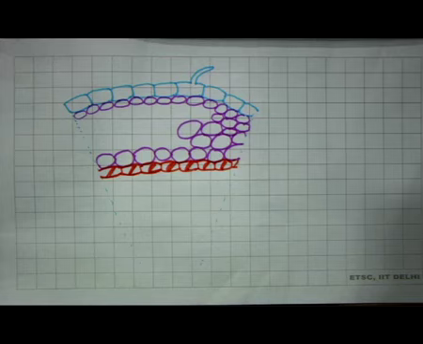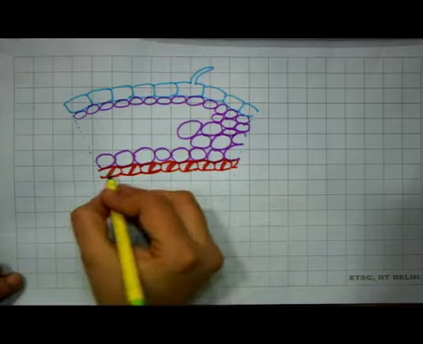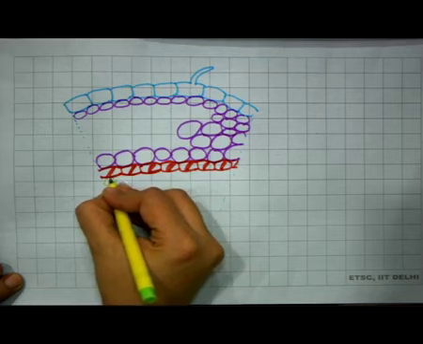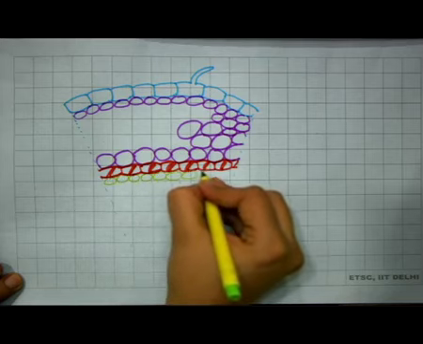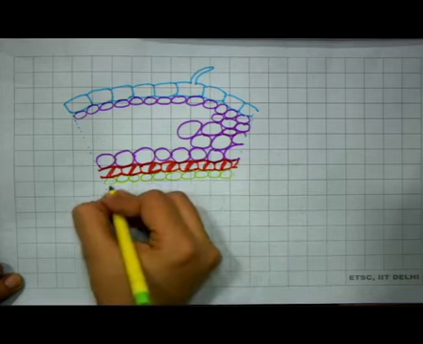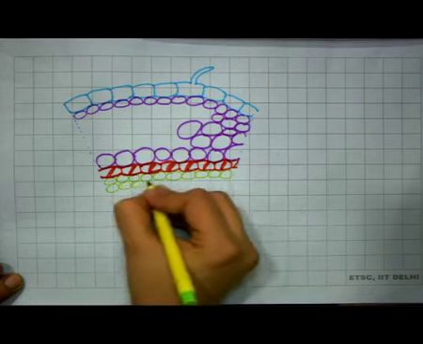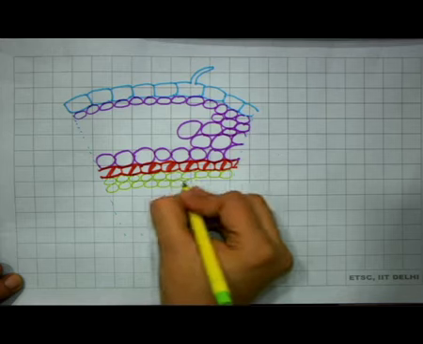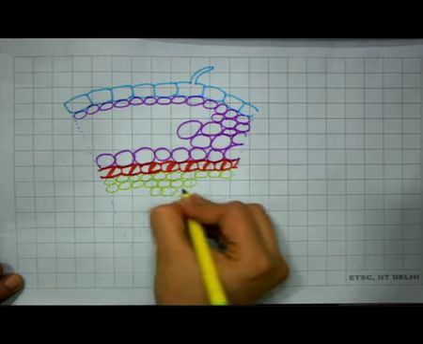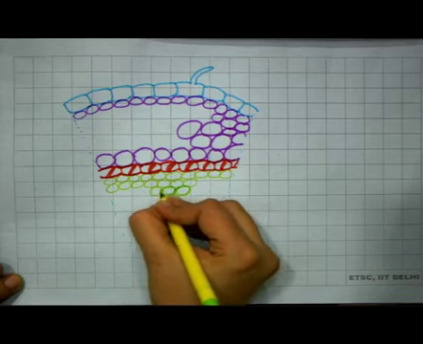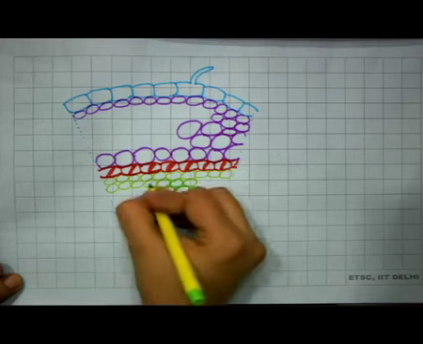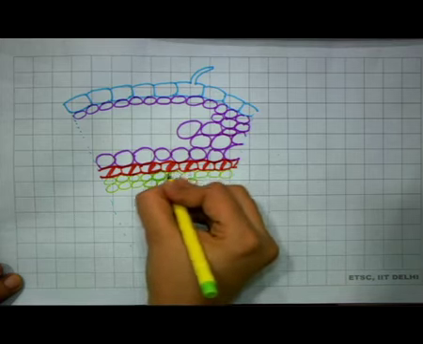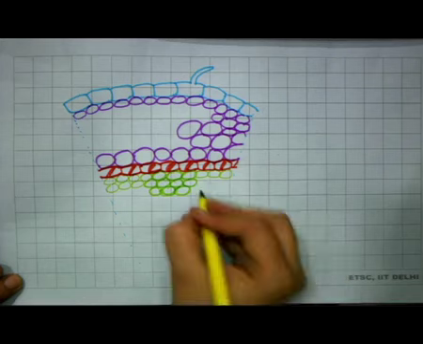Following the endodermis, there are a few layers of cells which are thick walled and make up the pericycle. So, this is how I am going to make up the cells of pericycle, and after drawing them, I will give them a little bit thickening like this. This needs to be done for all the cells, but I am going to do it for a few only.